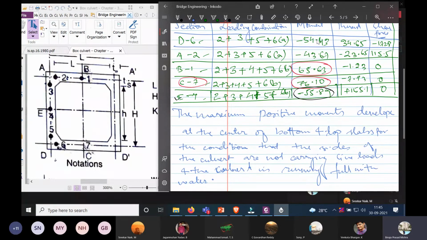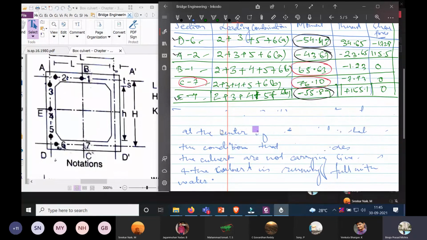Okay, and where else? It is at D6. Okay, and it is at A2. So that I can write as the maximum negative moments develop at the support sections of the bottom slab for this condition.